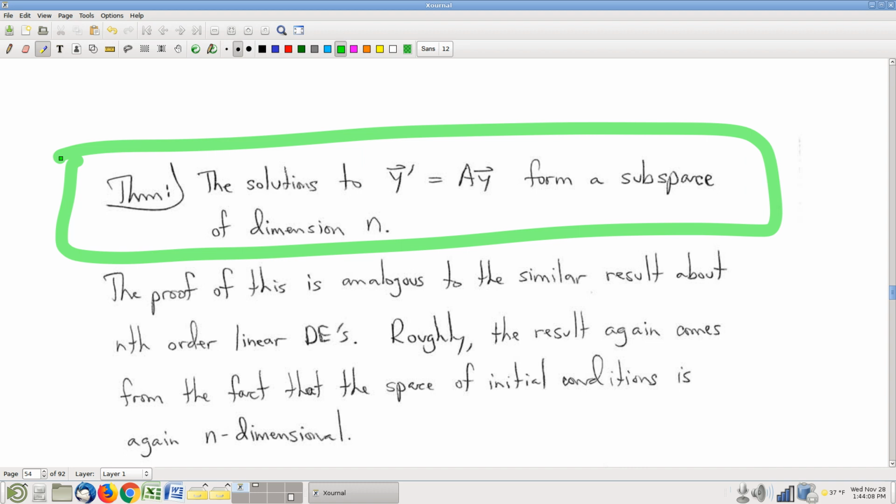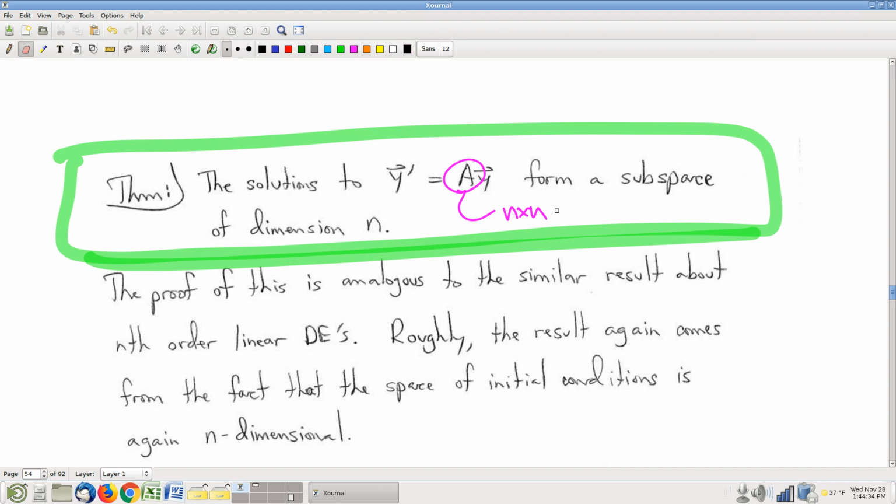And continuing on that pattern, the set of solutions that we're looking for is n-dimensional, just like in Chapter 4. By the way, n being the size of this matrix, so this matrix A here being an n by n matrix, which is equivalent to saying that this y vector has n functions inside of it.